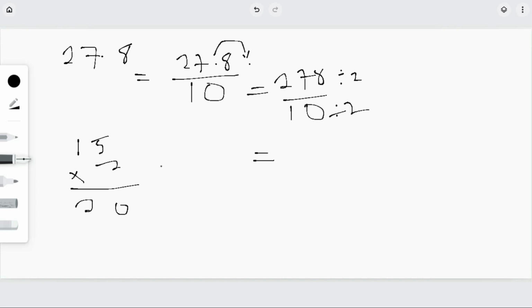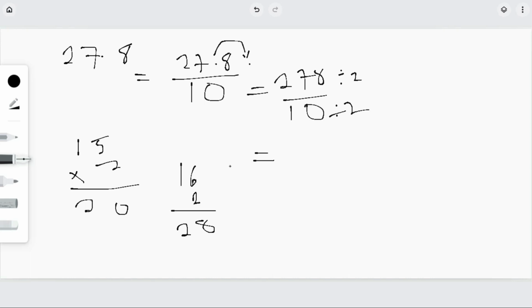Sorry, let's choose 16 here. 16 times 2: 2 times 6 and 2 times 1 is 2. So we have 20. Definitely we are going to use 2. You understand? I think I made a mistake there.